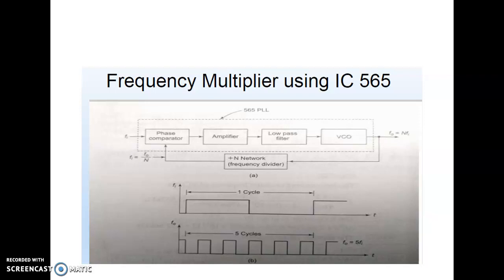The voltage control oscillator output, which is a square wave, is rich in harmonics, that is, it contains many higher order harmonics. Therefore, it is possible to lock the nth harmonic of the voltage control oscillator output with the input signal Fi. The output of the voltage control oscillator is then given by Fo is equal to Fi by N.